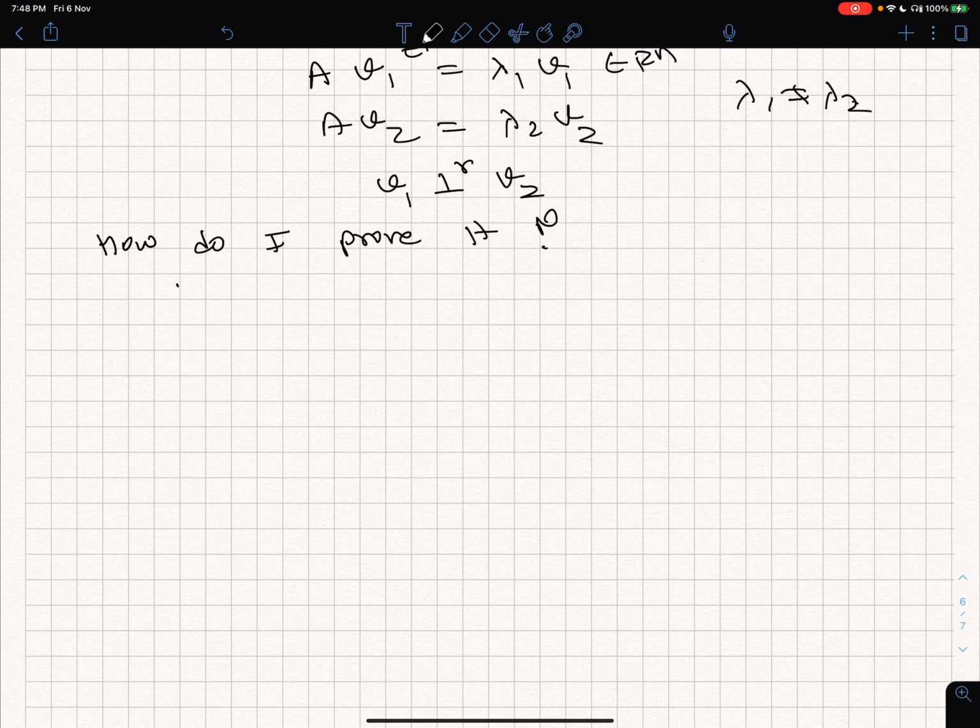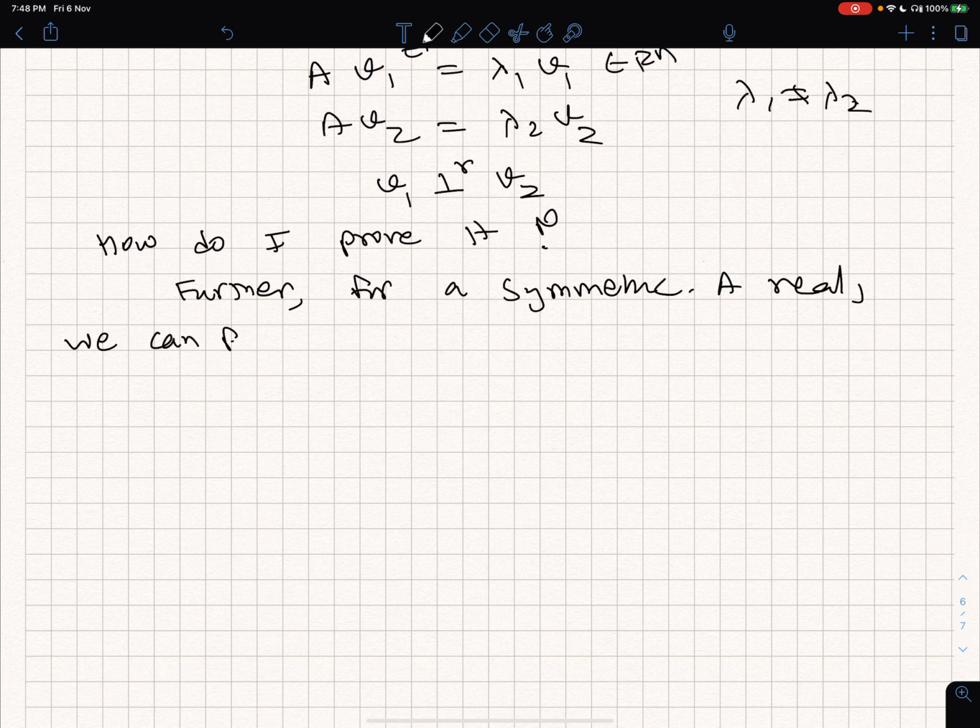Now further, for a real symmetric A, we can find n eigenvectors which are orthogonal to each other.